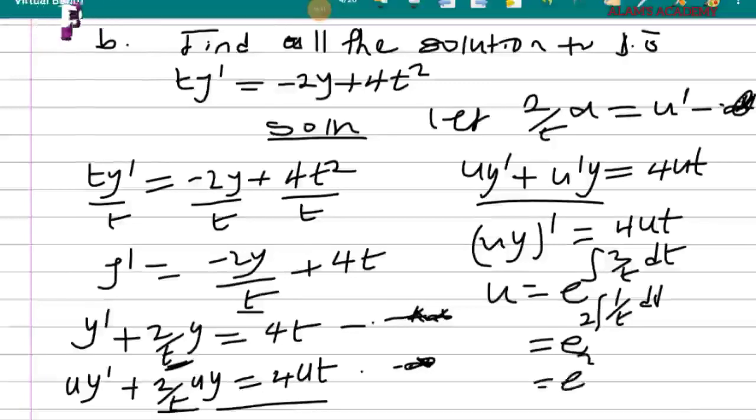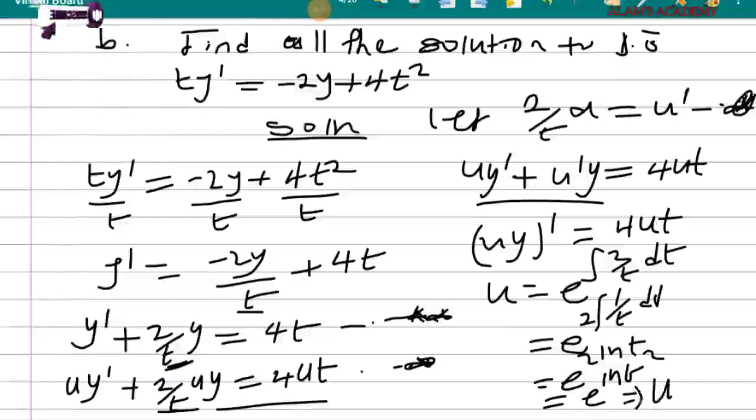So I have 2 ln t, and this can be further written as ln of t squared. Alright, implying that u is equal to t squared, because the ln will go with the e, leaving t squared.